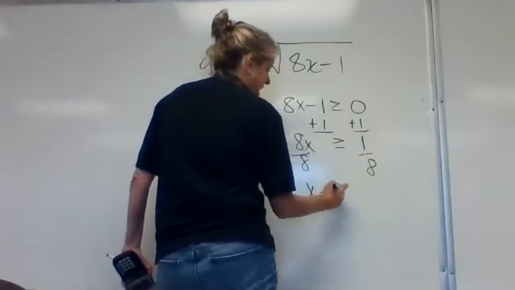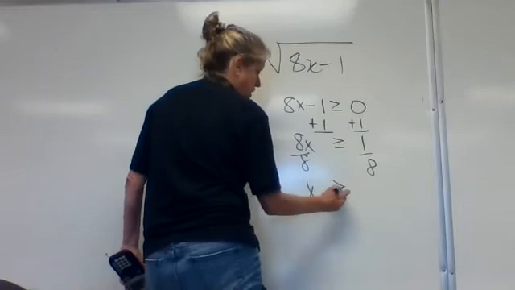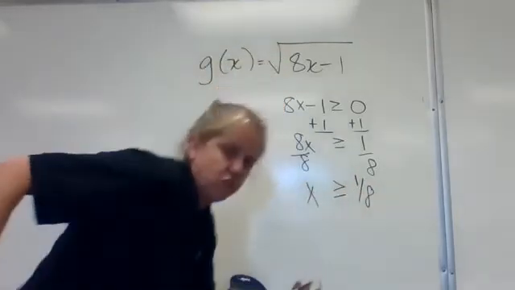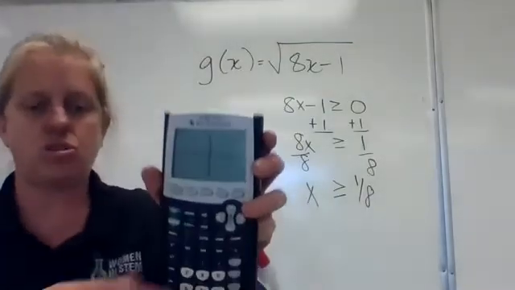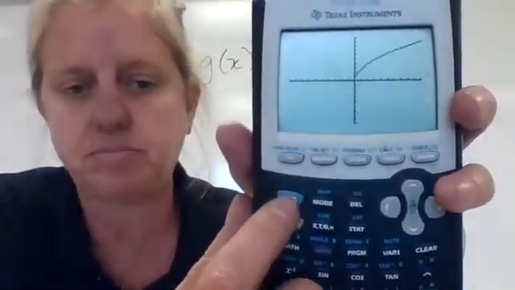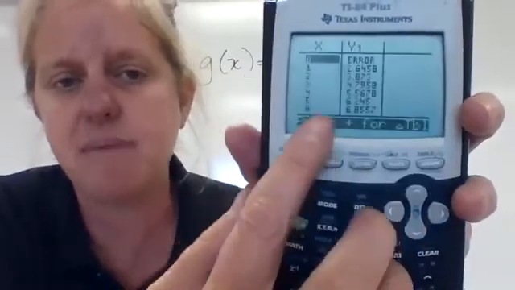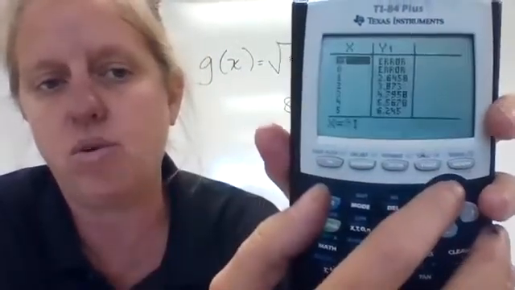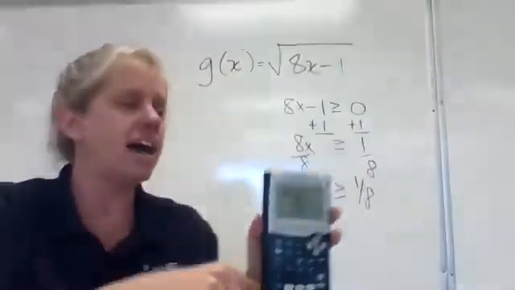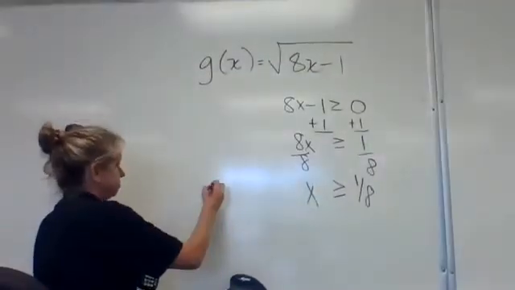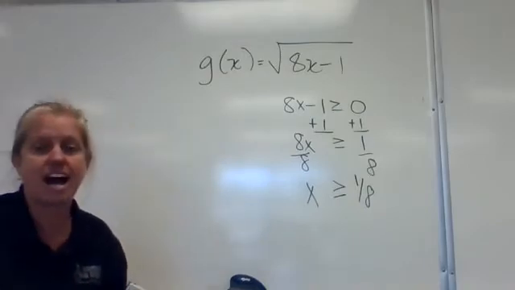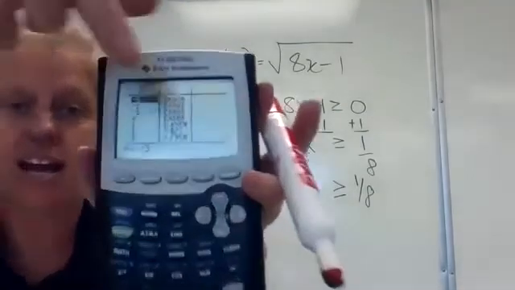So my x's have to be greater than or equal to positive 1/8. If you'll notice, when you go to your table, by hitting second table, look what happens when you go to 0. It's error, error, error, error, because this graph doesn't go to the left side or into the x's being negative.